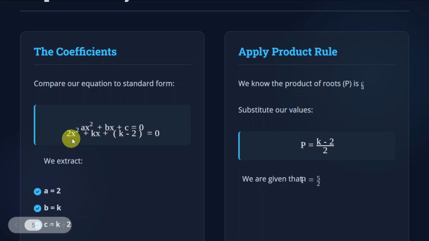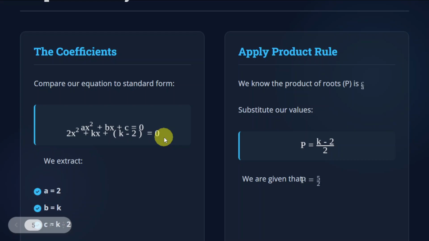A is equal to 2, because a is the coefficient of x squared. B is equal to k, the coefficient of x, and c is the constant term, which is k minus 2. You have to understand this. So the equation could be written like this.